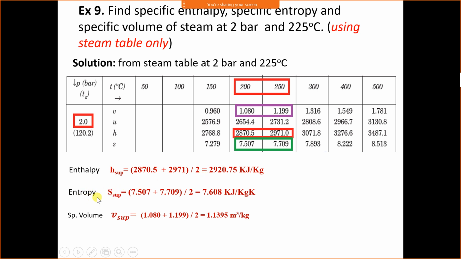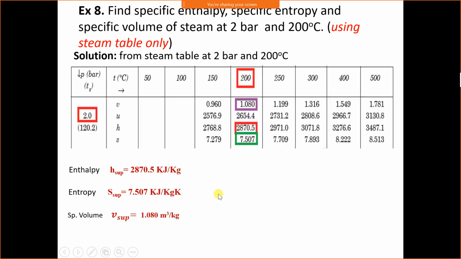Then the entropy of superheated steam at 2 bar and 225 degrees Celsius is 7.507 plus 7.709 divided by 2. Are you getting it? In the last problem, 200 degrees Celsius was directly given, and for 200 degrees Celsius we have the value in the steam table.